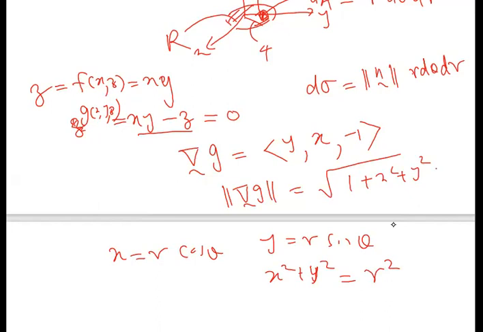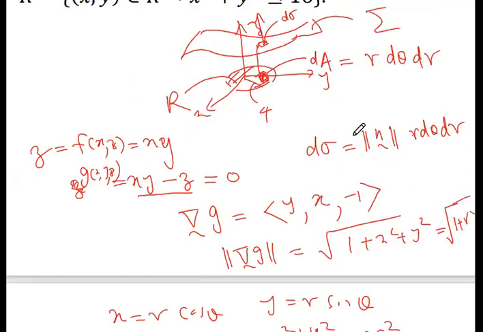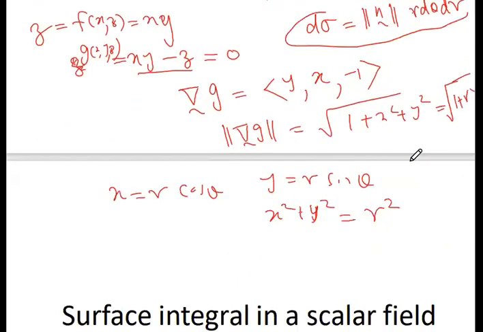This is the same as the square root of 1 plus r squared, so this is your normal vector. This is the conversion: d sigma is equal to the square root of 1 plus r squared, times r d theta dr.